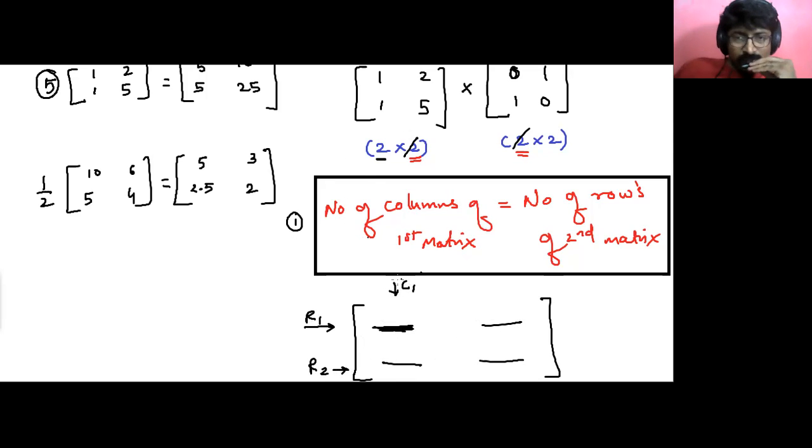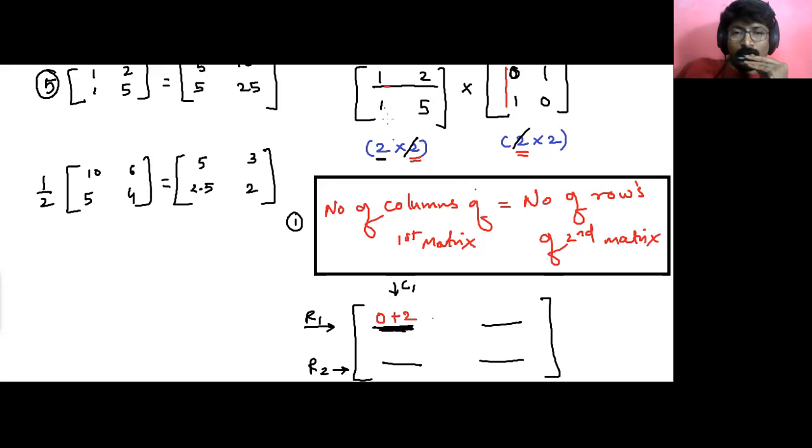Now, when it is first row and first column, we will choose over here first row and first column. You understood? So 1 into 0 turns out as 0, plus 2 into 1, that is 2. Please check that out.